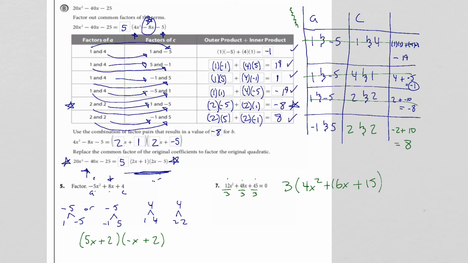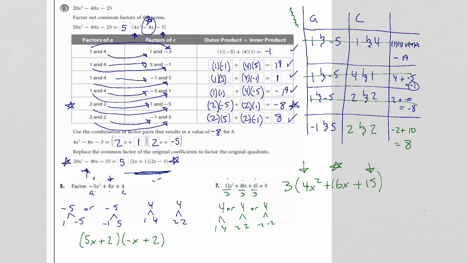So let's see, now we're concerned with the factors of 4 and the factors of 15, because we're trying to get them to equal the middle term of 16. So again, what are the factors of 4? We got 1 and 4, or 2 and 2. And if you want to get really fancy, this is a future possibility in more complicated problems, -2 and -2 also equal 4.